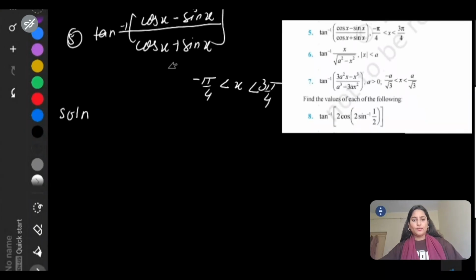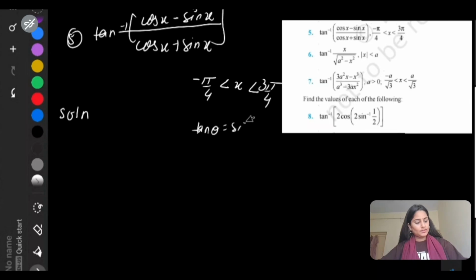So we have this cos equation and tan inverse. So we try to convert this equation into tan form so that we can cancel out tan inverse and tan, right? So we know that sin theta upon cos theta is tan theta.